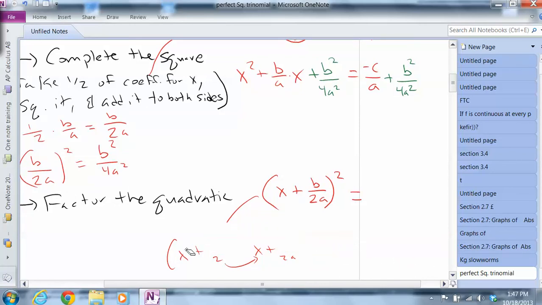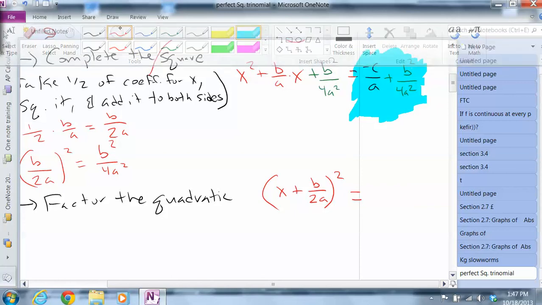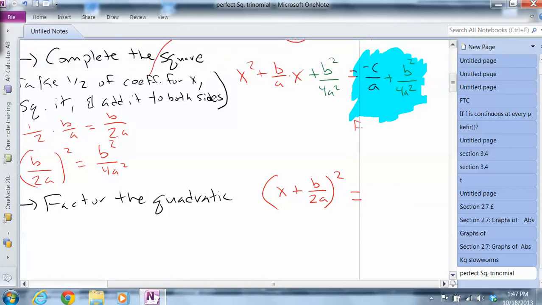Okay, let's look at the right side of the equation, because that's also going to be kind of nuts. I'm going to highlight it right here. So we need to do something about this as well, right? What do you think I'm going to do about that? Go, Connor. Right, we need to find the LCD, which will be just 4a squared.